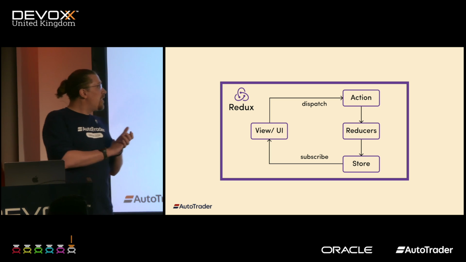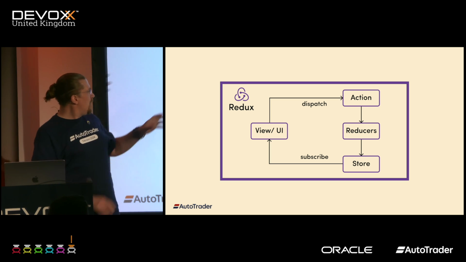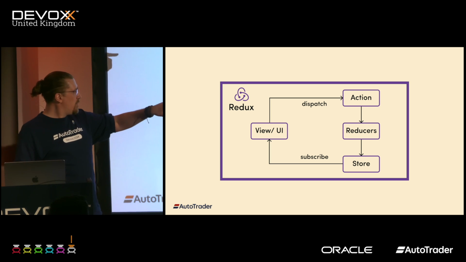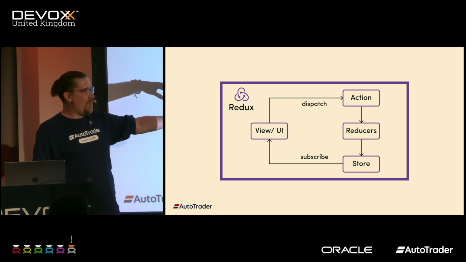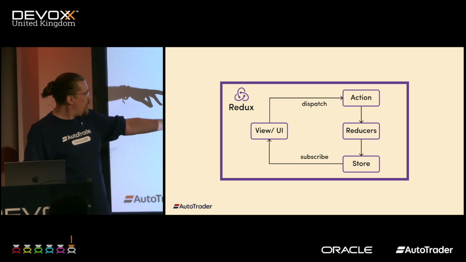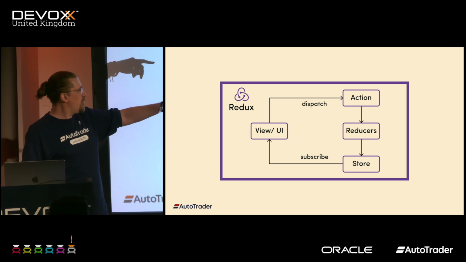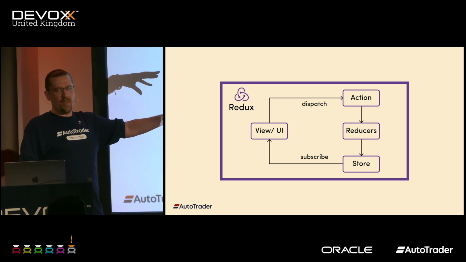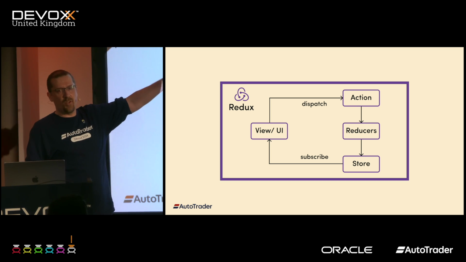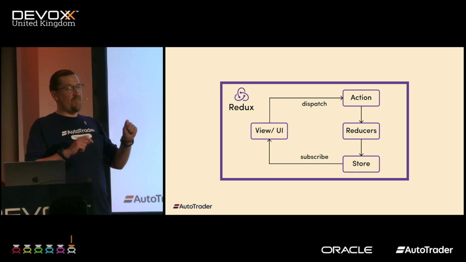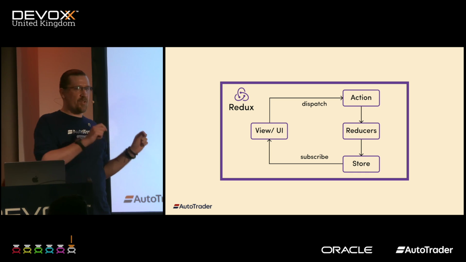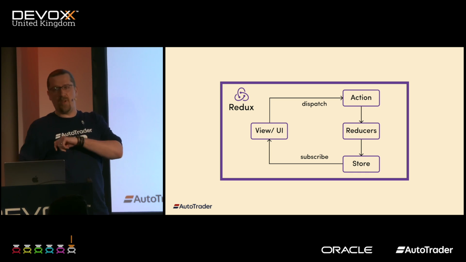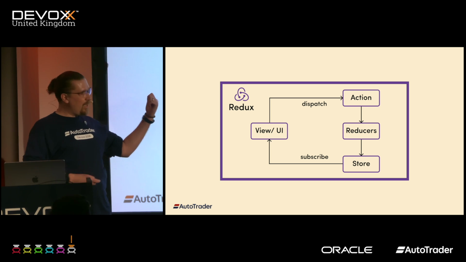When we looked into Redux, the way this works is the UI can subscribe to a set of key value pairs within what they call the store, and it can dispatch actions. So it can't actually modify the data within the store, it can only dispatch actions. And all of this is done with key value pairs, which is absolutely perfect for our situation where we needed to send and handle this with JSON.